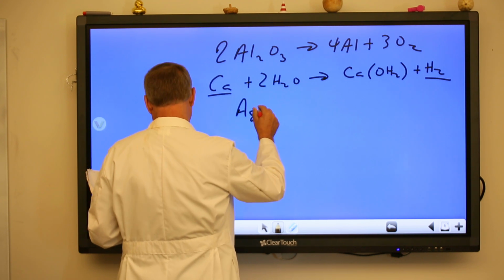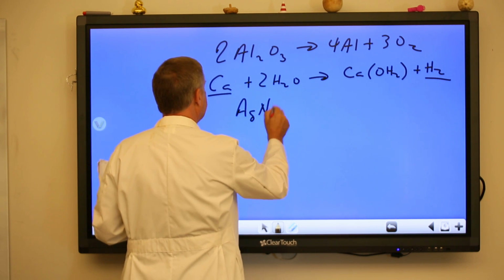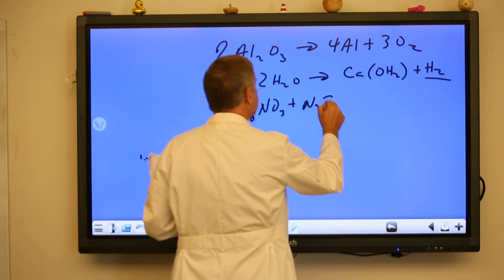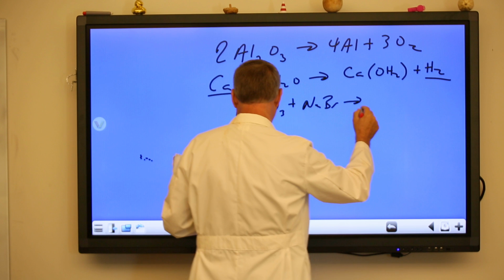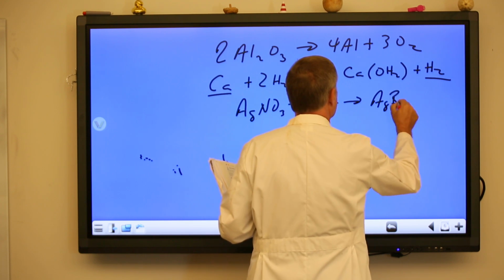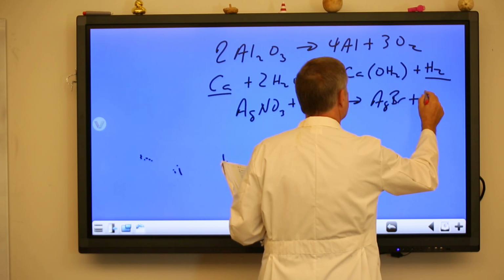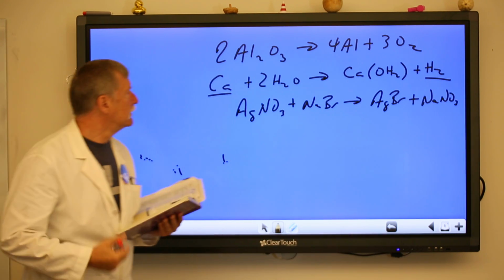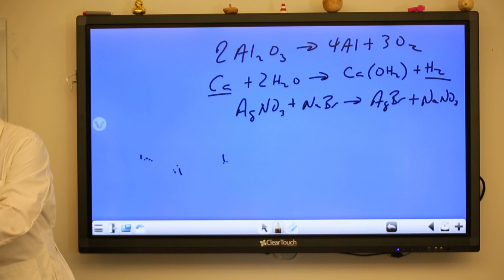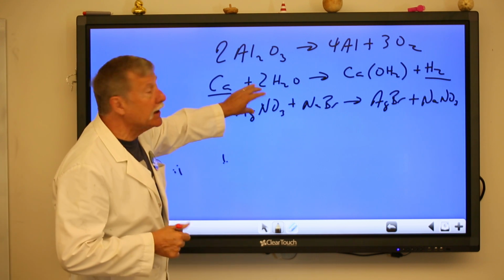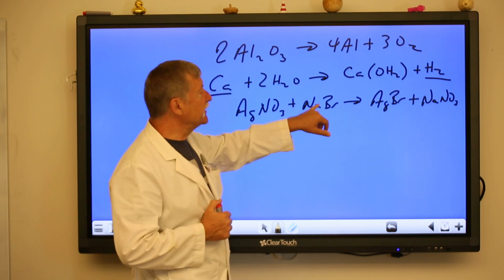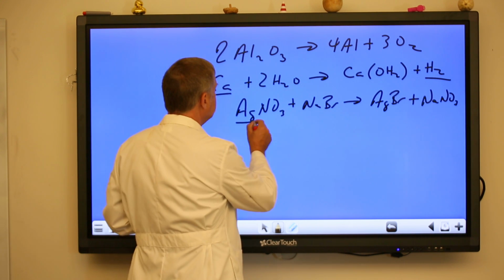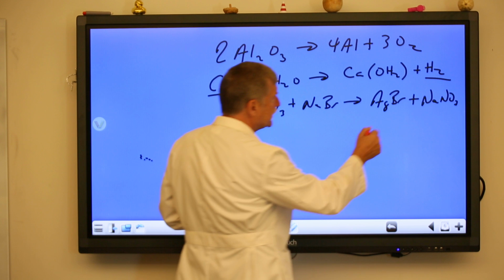As opposed to more complicated stuff, AgNO3 plus NaBr yields AgBr plus NaNO3. So we look at this and we see that's a compound, AB, that's another compound, CD, and what's happened? The Ag, which used to be with the NO3, got switched.